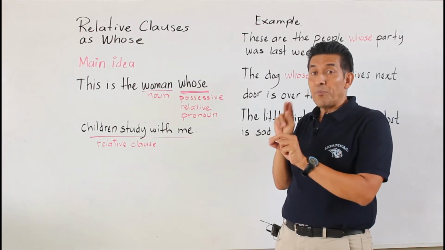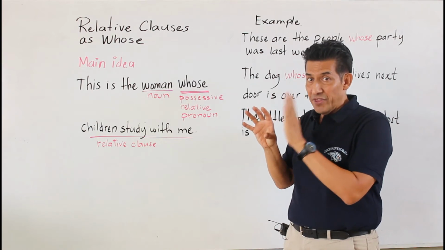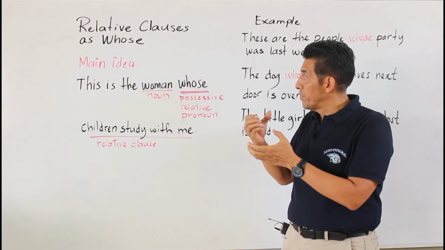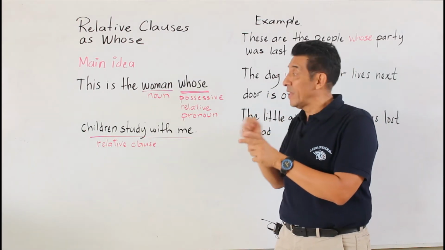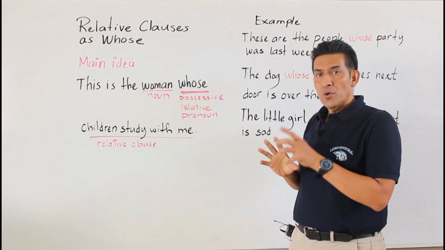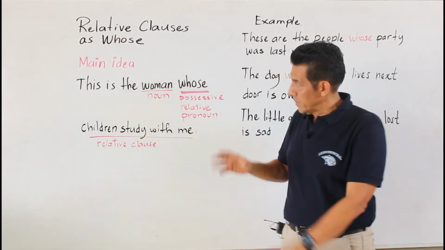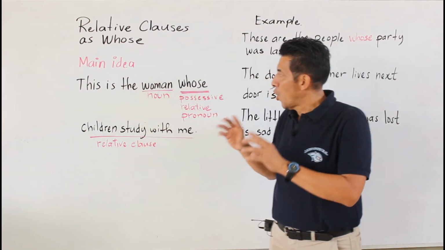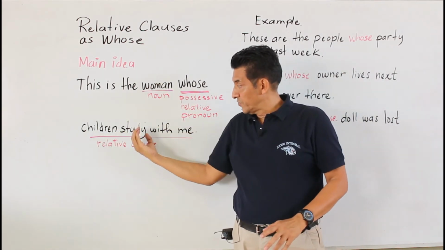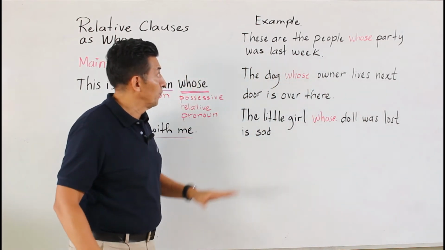We are like pointing at the woman and making this idea in a way that people have to understand that she is the one who has children that study with someone. Take a look. This is the woman whose children study with me.